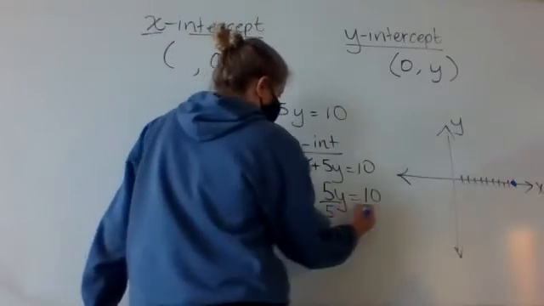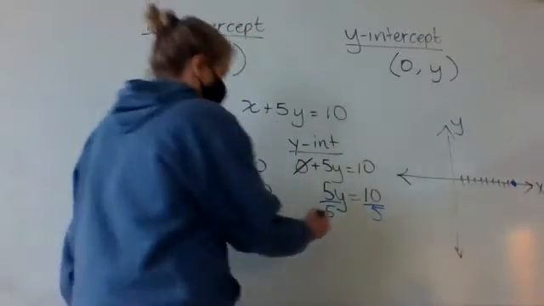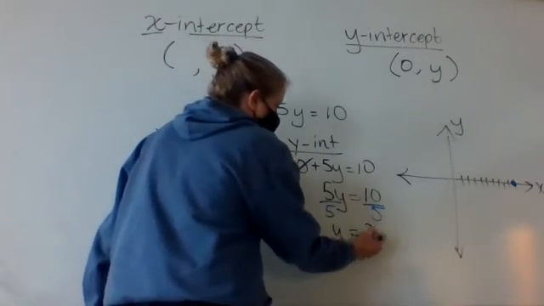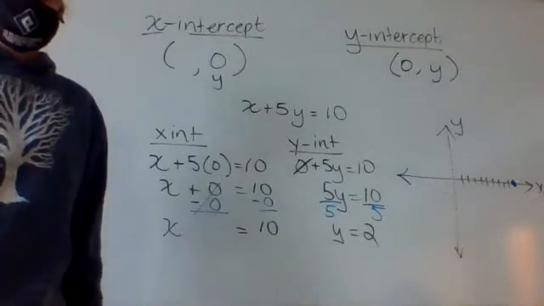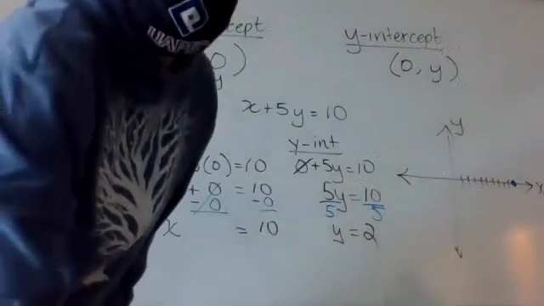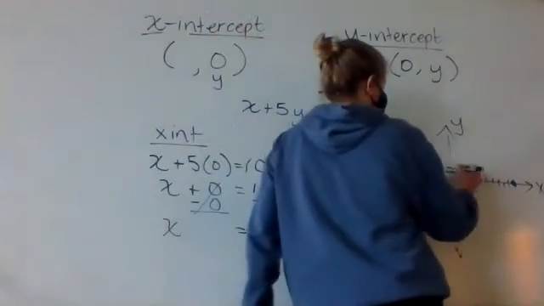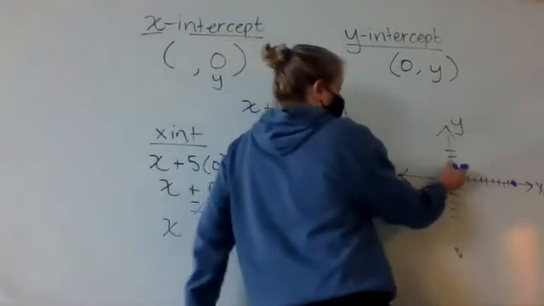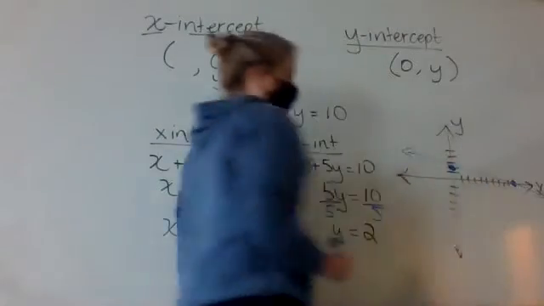And then divide both sides by 5. So here, y equals 10 over 5, which is 2. So again, you would go over to the y-axis this time and go up to positive 2 and put your point. And then it'll connect.